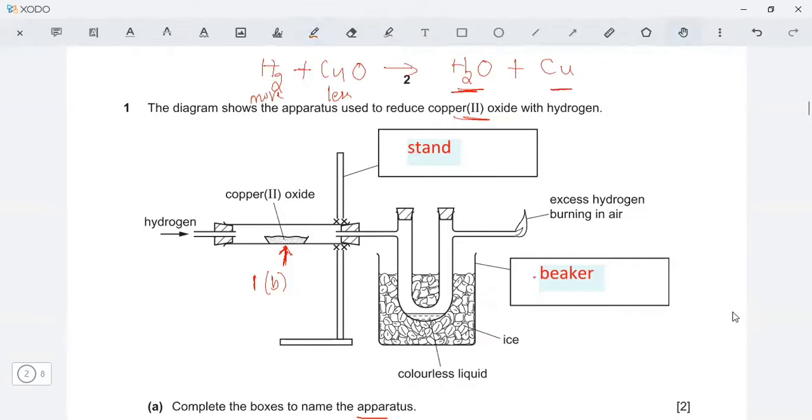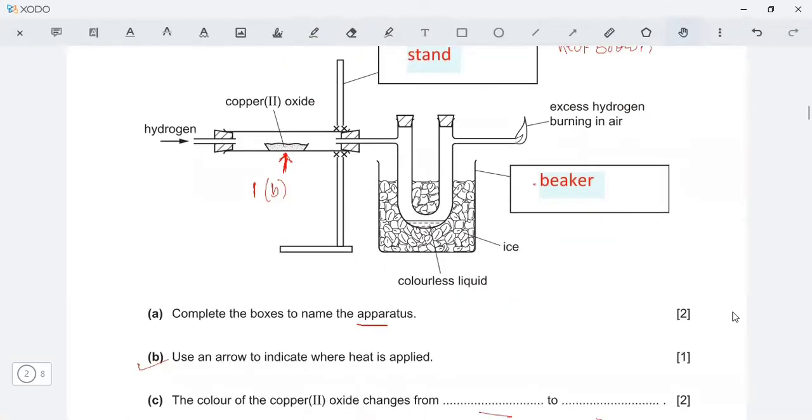So make sure that this copper oxide is actually black in color. Okay, this is black copper oxide. When it is being reduced, it forms copper, a neutral metal. So it's actually red brown. Okay, so copper's appearance is red brown. So in this chemical equation, black copper oxide turns into red brown.